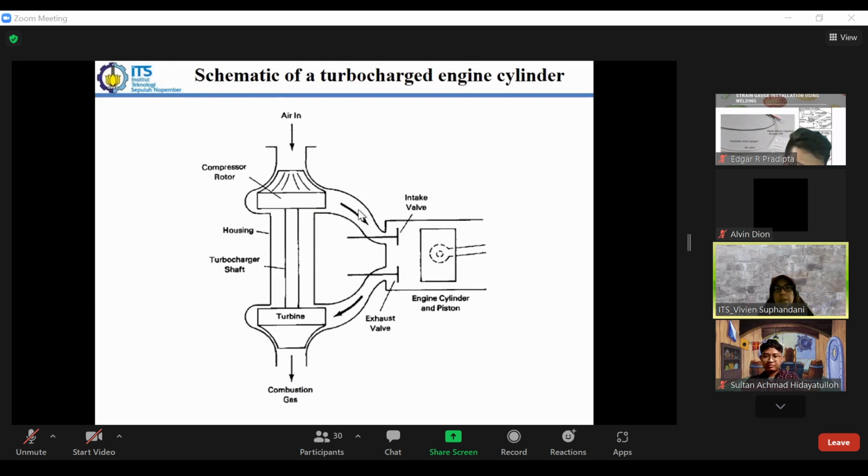One thing is that the air is not throttled inside the cylinder, and it's more common to use a blower, or here we can use the turbocharger, which adds more air inside the cylinder.